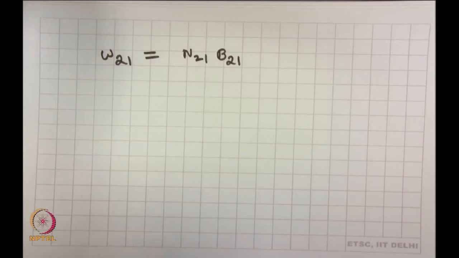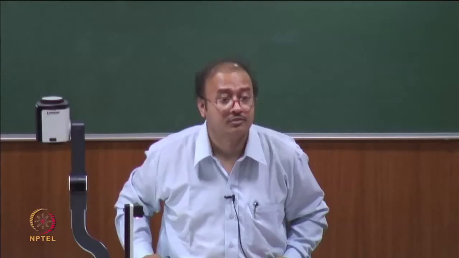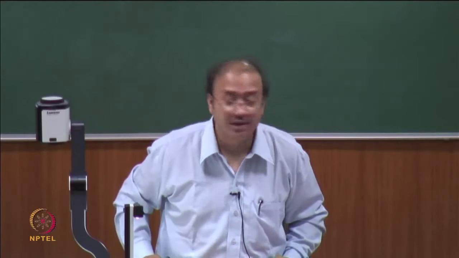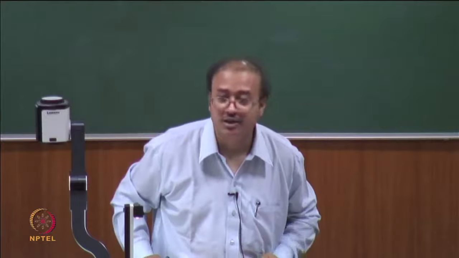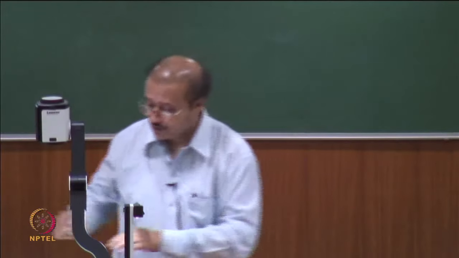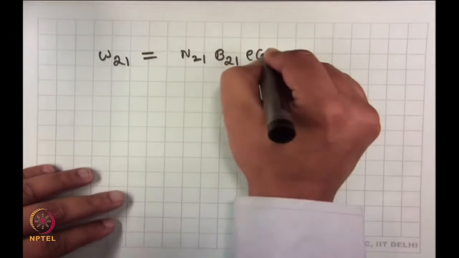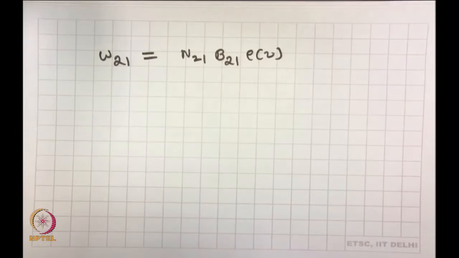Remember, I am talking about stimulated, and because this is stimulated, what extra should come along with it? Energy density, right, because absorption was also stimulated. So, again you will be having the same rho nu. Okay. So, this is your stimulated.